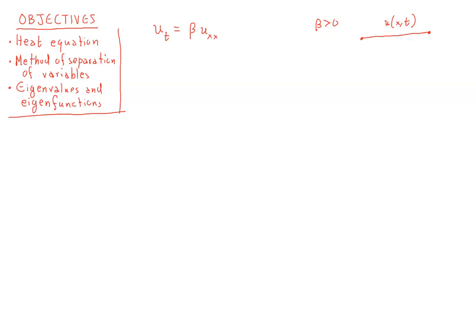So here, in particular, we're going to say that x is between 0 and L. Think of L as the length of the rod, and that t is greater than 0. Of course, you can easily replace this with greater than or equal to. And so this is the differential equation.